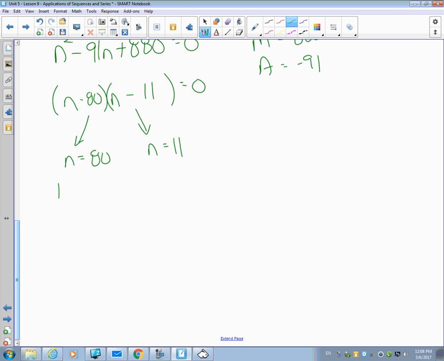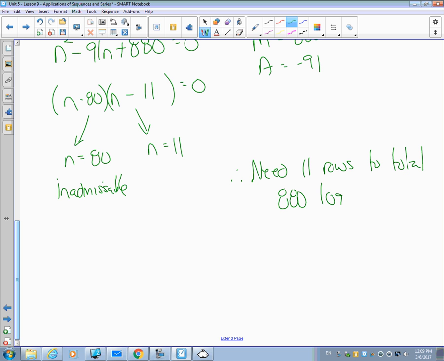So this one is inadmissible. In order to get that pile of logs, being 880 of them, I need 11 rows.